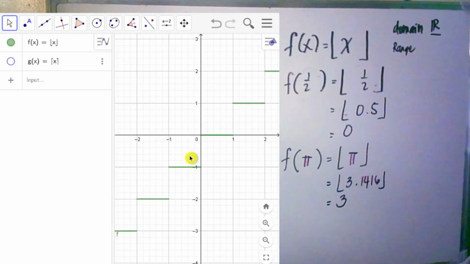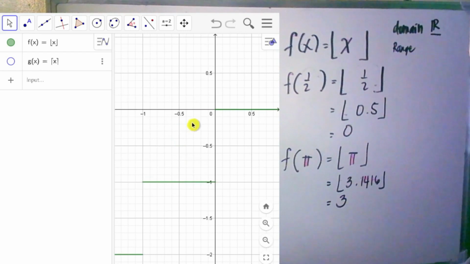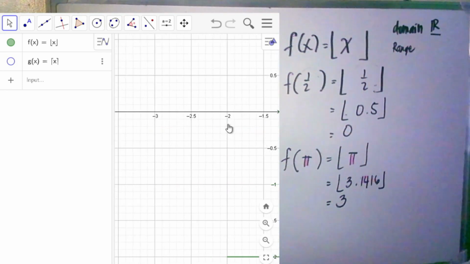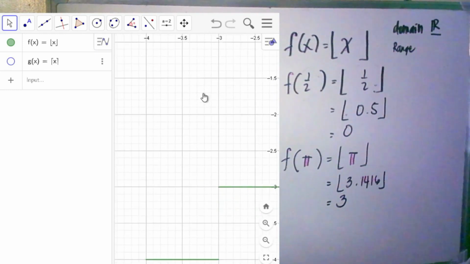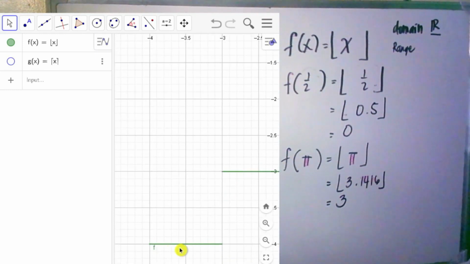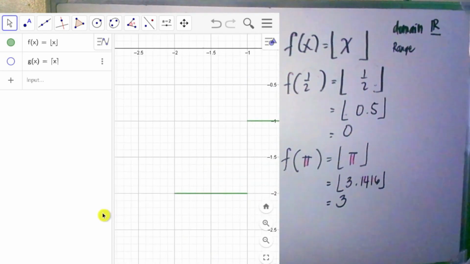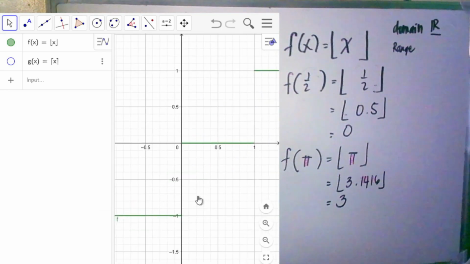That's the domain. And by graph nga, we can see that all numbers here are covered by the graph. What do we mean by all numbers being covered by the graph? For instance, -0.05 is a number in the x-axis. If we trace it, it actually corresponds to the graph. Even -1. If we move further, for instance -3.5, that's covered by this part of the graph. That's the domain. But what I'm asking you is the range.